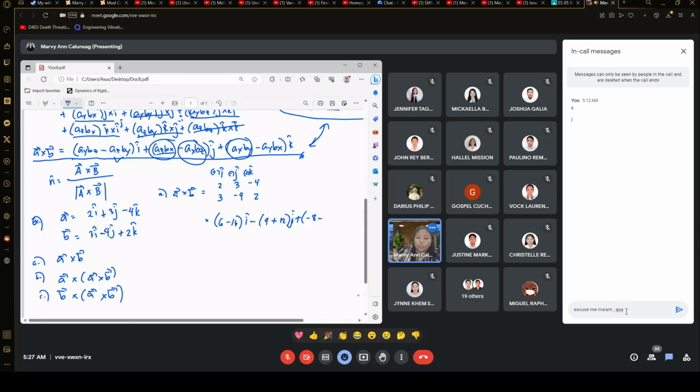Minus 9. Okay. So 6 minus 16, that would be negative 10, I. I made a mistake here. In this part, I used plus before. It should have been minus.